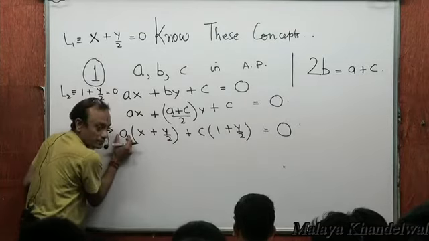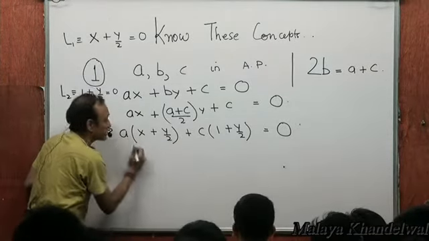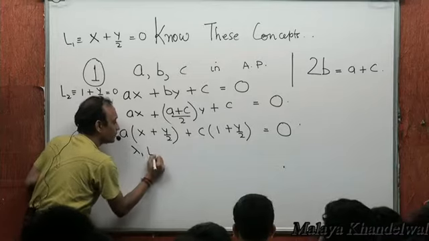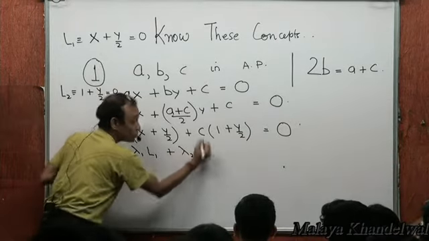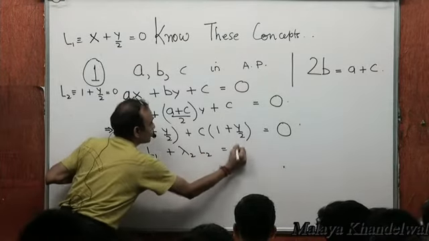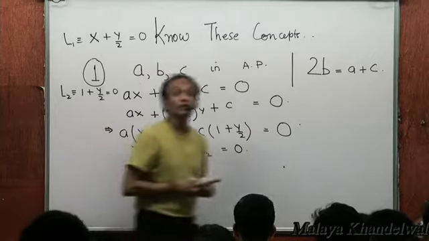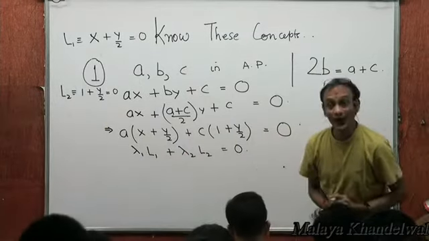This is lambda 1. It's a parameter. A and C are parameters. Lambda 1 L1 plus lambda 2 L2 equal to 0, where L1 and L2 are two linear expressions in x and y.